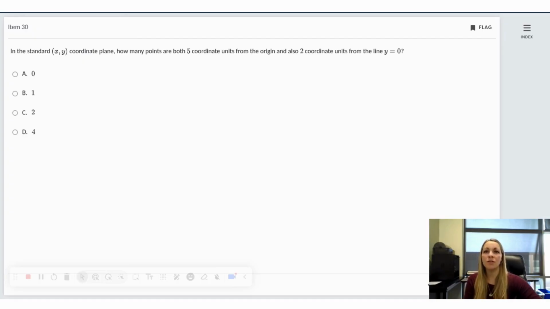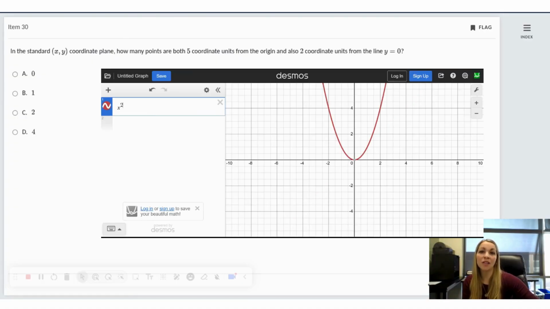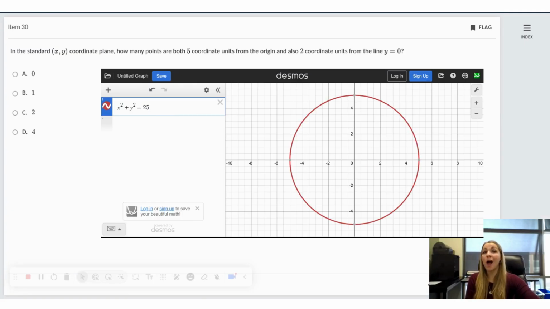So what I'm going to do is come to Desmos, and if a point is 5 units away from the origin, it is somewhere on a circle centered at 0, 0 with a radius of 5. So I'm just going to quickly graph x squared plus y squared equals 25. Next, 2 units away from the line y equals 0 means that the vertical distance from the x-axis is 2.